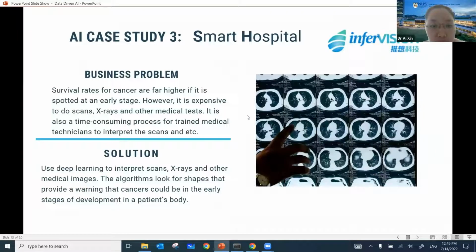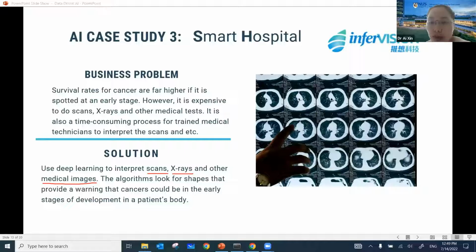And the last one is the smart hospital. I think many of you have heard about it. The current deep learning model and computer vision technique is mature enough to read medical scans, x-rays, and other medical images, because medical images are actually very specific.